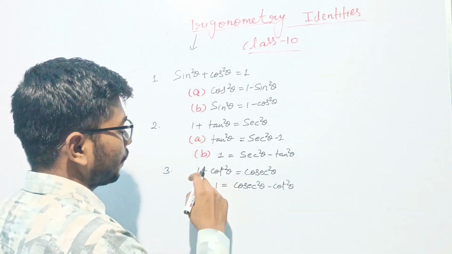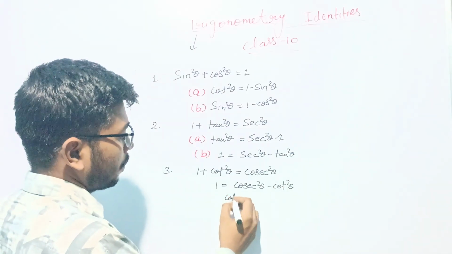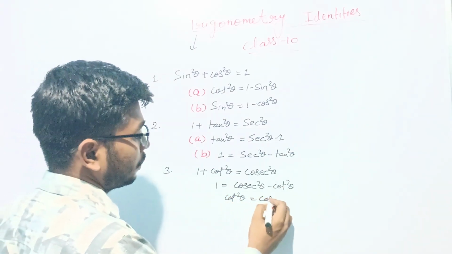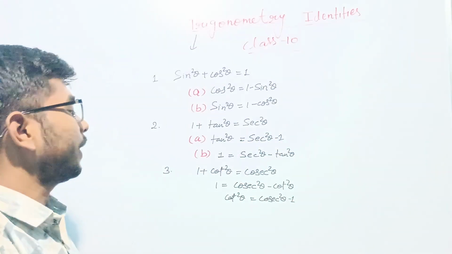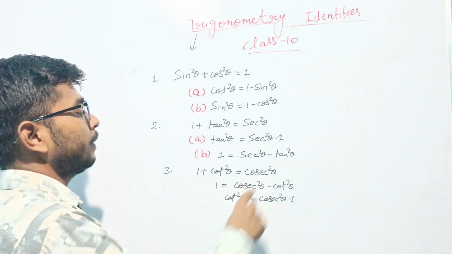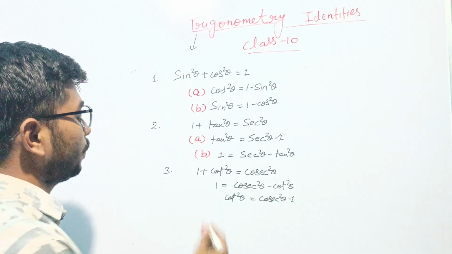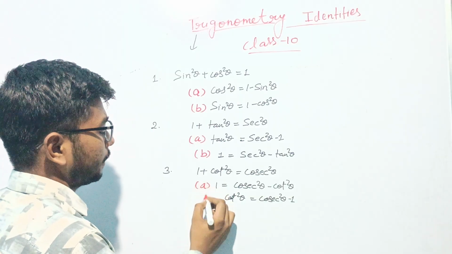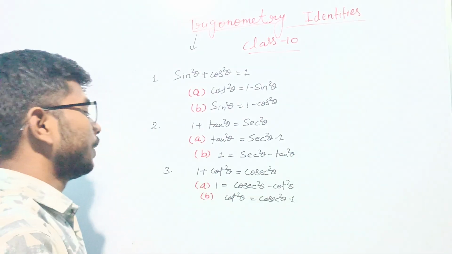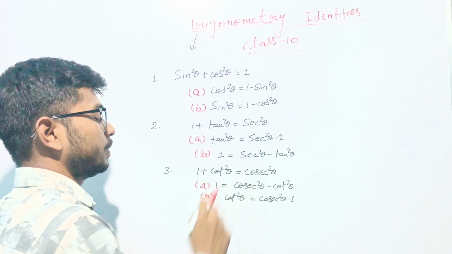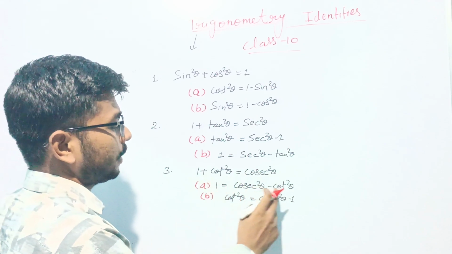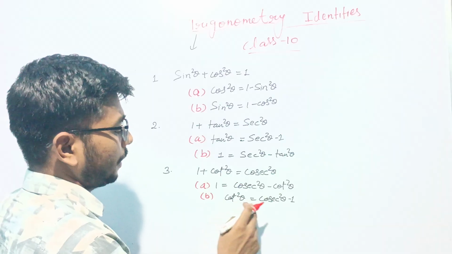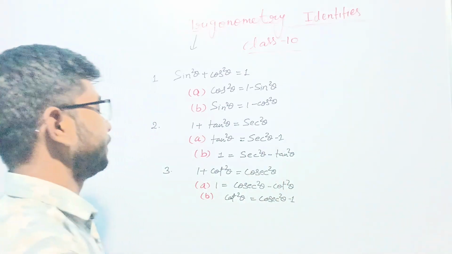If you transfer 1, cot square theta is equal to cosec square theta minus 1. This is the main formula, and from it we made two more formulas.